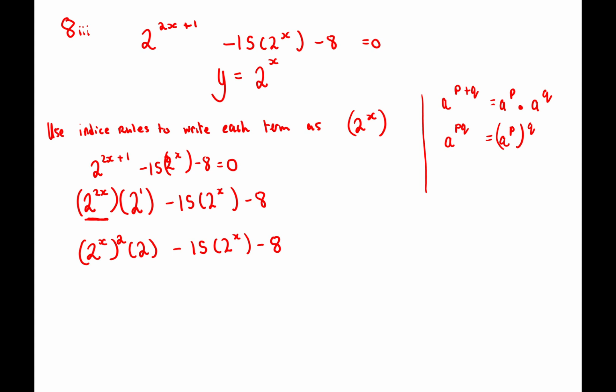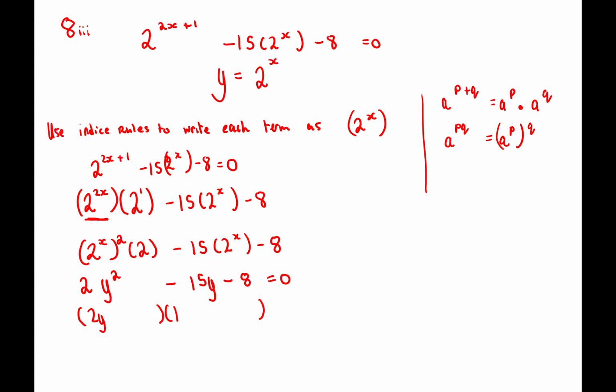Alright, so let's tidy this up. This gives me 2y squared, so I'm just writing that 2 in front instead, minus 15y minus 8 equals 0. You will have some sort of quadratic expression. And now we solve for a quadratic by factorizing.